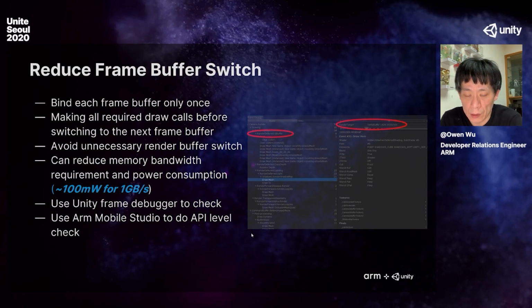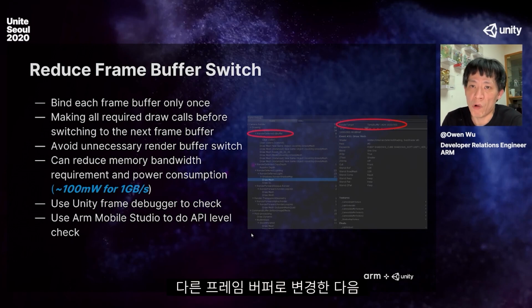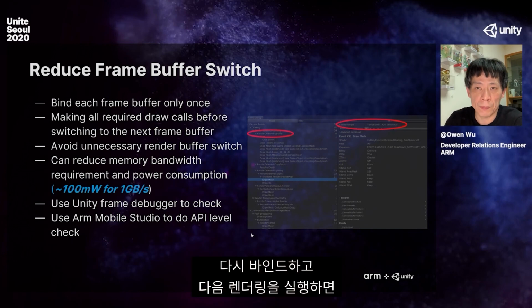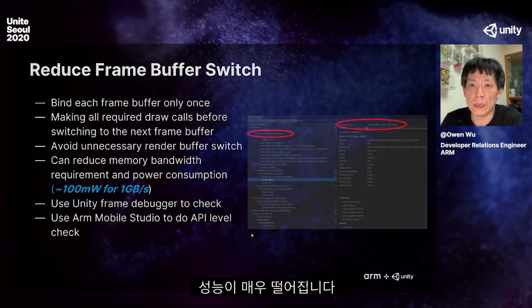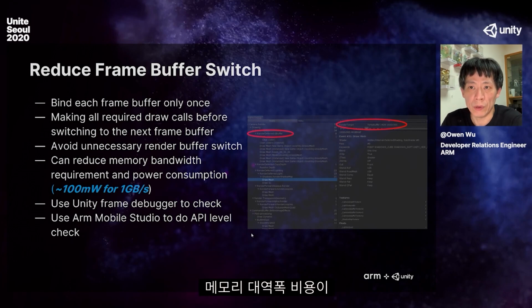It's pretty bad for performance if you are rendering in one frame buffer, then switch to another one, then bind back to the original frame buffer, then do the following rendering. This is a very bad behavior because it causes a lot of unnecessary memory bandwidth cost.